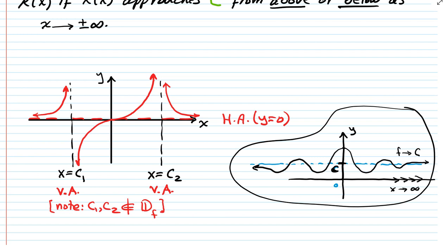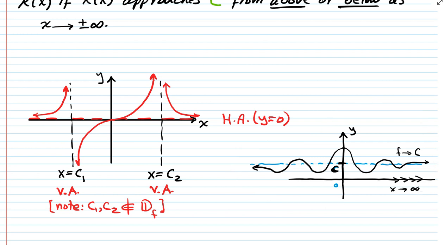As x goes to negative infinity, the function, I'm using r here, sorry, r approaches c. I mean f, r, doesn't matter, it's just a notation. There you go. So from the right, the function approaches c. From the left, the function approaches c. You see that? That's the definition of a horizontal asymptote.